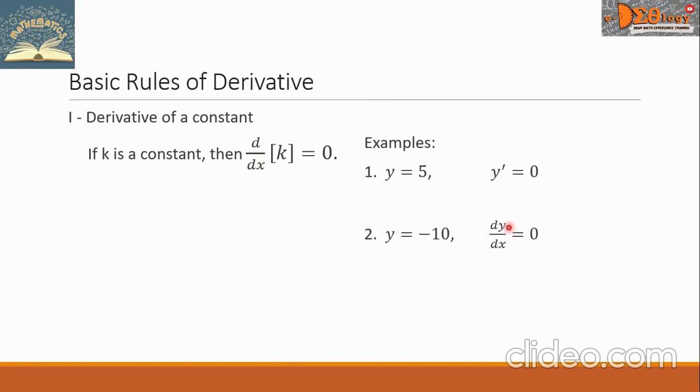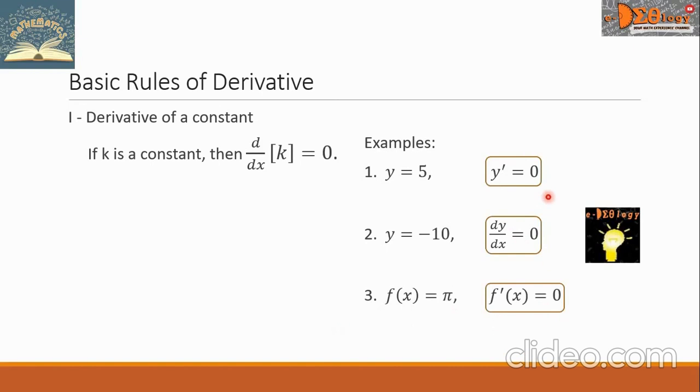In here, we used another notation of derivative. Example 3, f of x equals pi. This pi is considered a constant, so we say that f prime of x equals 0.